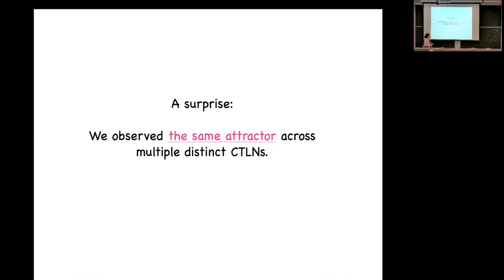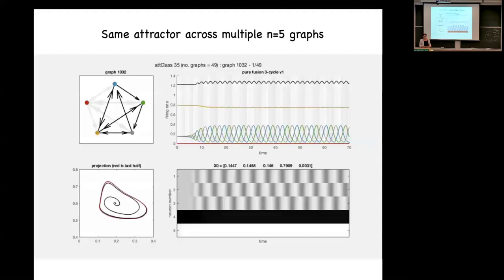When we did this analysis, we expected that when there's a 3-cycle with a surviving fixed point, there should be a 3-cycle attractor, like a limit cycle, but it might be wonky because the embedding affects the shape. And so we expected all of these attractors would look different from each other, even if they came from the same core motif, because the embedding affects the dynamics.